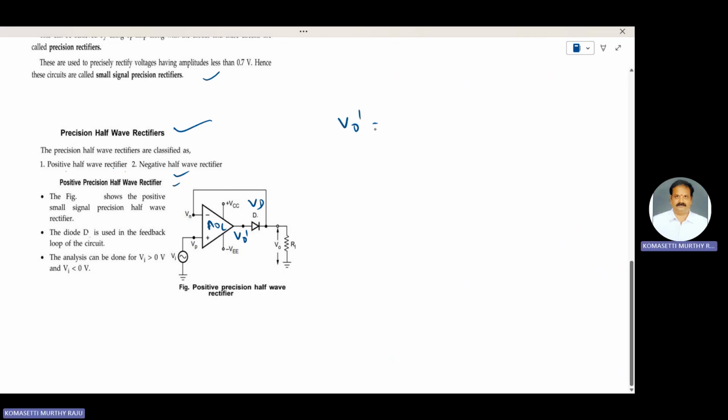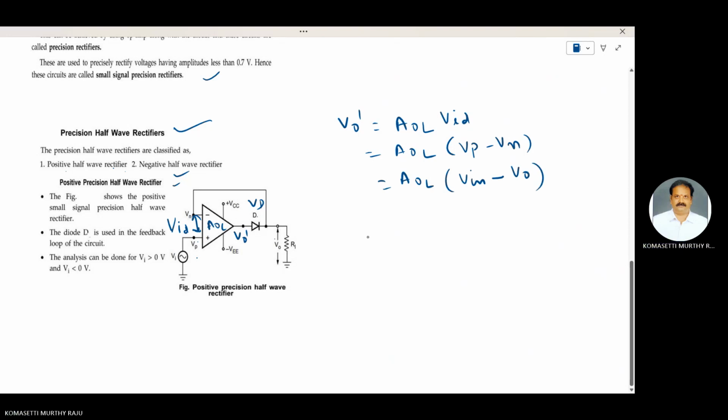We know that V0 dash is equal to AOL into VID. VID is equal to VP minus VN. Here VP is Vin and VN is V0. So V0 dash is equal to AOL into Vin minus V0. This is equation 1.